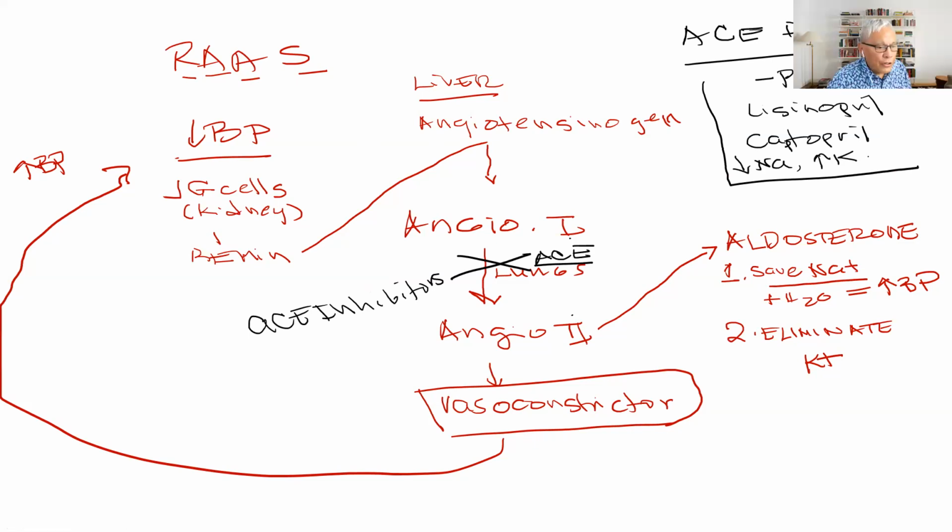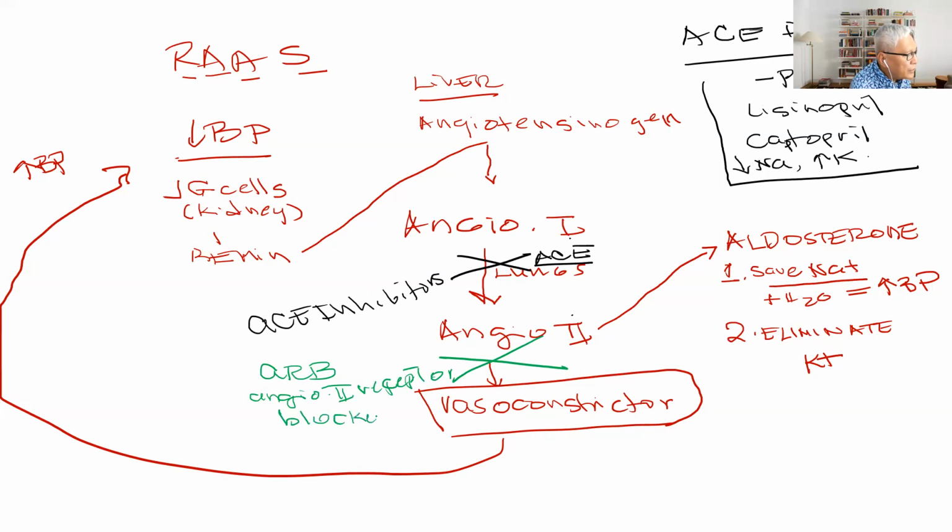So let's go further and talk about other interventions that you might have to use in patients with heart failure, and that is to block the effects of angiotensin 2. These are what are called ARBs, or angiotensin 2 receptor blockers. These are the medications that end in sartan. So, for example, losartan, candesartan, and so on.